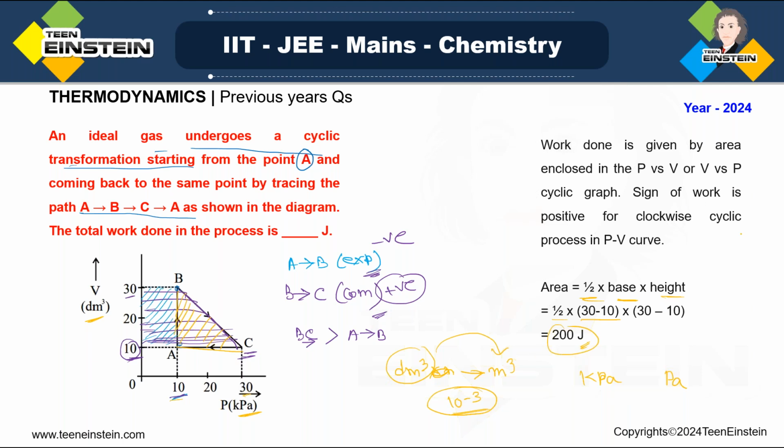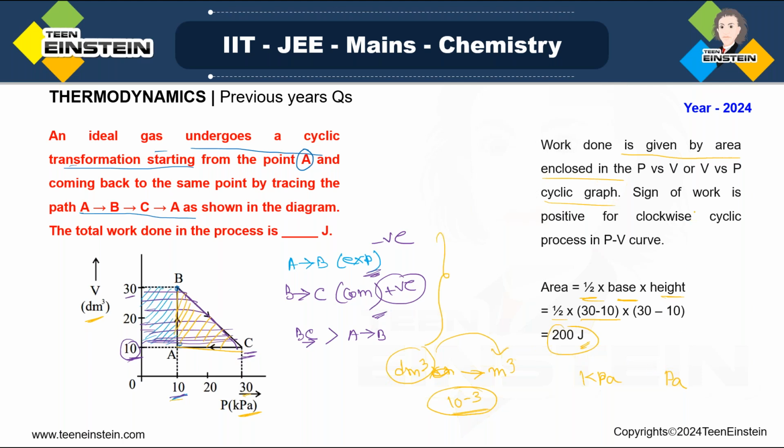And here, as it is a PV curve, whether it is P versus V or V versus P, work done is given by the area enclosed in this curve, cyclic basically. Whatever is the shape, it is a cyclic curve. Even if it is square, then also we will say it is a cyclic curve, because ultimately the process is ending at the same point from where you have started. And here the sign is ultimately positive, and why it is positive, the explanation we have already seen.